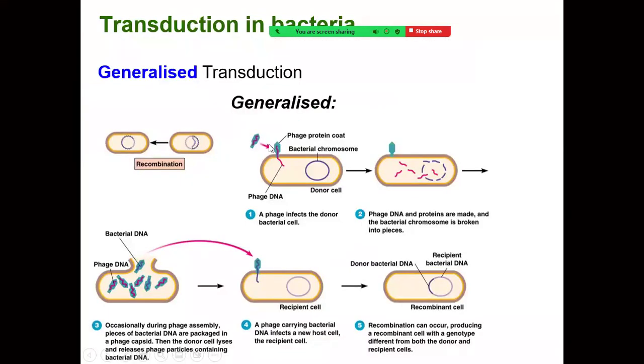Now, the viral DNA wants to call the shots in the cell. So one of the first things it does is it will encode the destruction of the chromosome. The reason is, if you destroy the chromosome, then your DNA is calling all the shots in the cell. And the shots that the viral DNA will call will be to replicate the virus. And so the bacterial chromosome DNA gets chewed up into pieces.